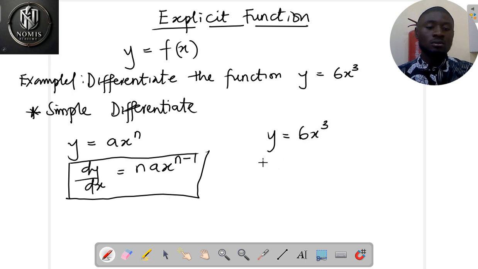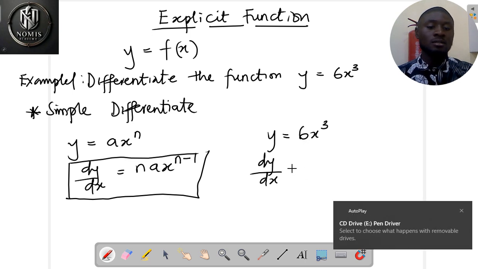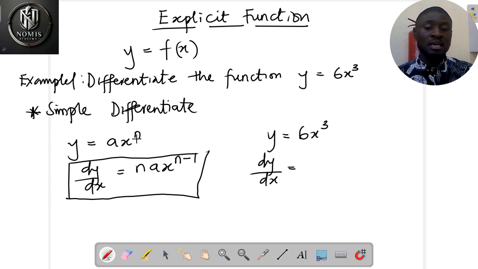So we can tell that dy/dx is equal to, now this 3, just study this formula, meaning that this n is used to multiply the entire part of this independent variable. This x is our independent variable, so it tells the value of the dependent variable. This one depends on the value of this. So n is used to multiply the entirety of this. So definitely 3 here will be used to multiply the entirety of this.